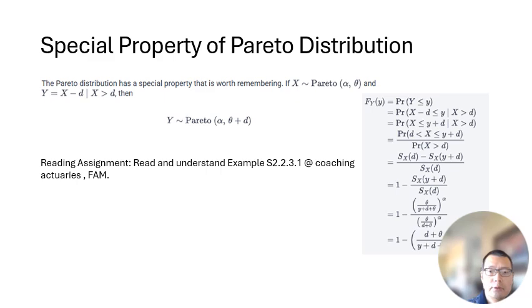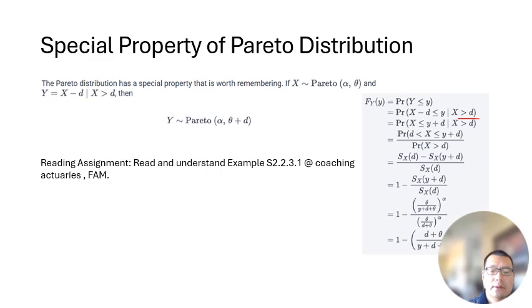And further, we can replace y with x minus d, and condition on x greater than d. Then further, we can reorganize this to become x less than or equal to y plus d, conditioned on x greater than d.